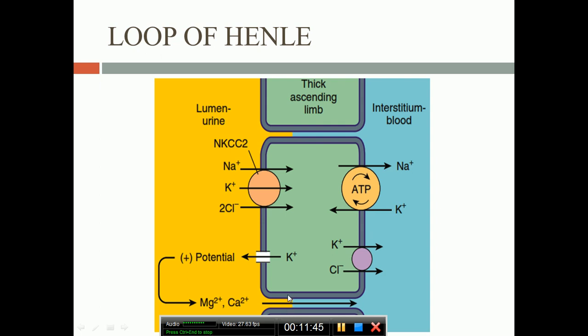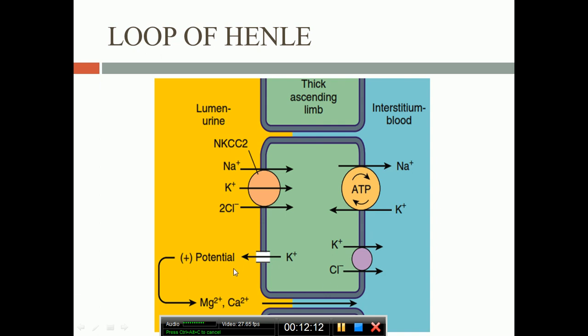This is cell number 1, cell number 2, and cell number 3. Here are the gaps, not very tight, not impermeable. These are permeable gaps. Although these are tight junctions, they can allow magnesium and calcium to pass through into the interstitium and back into the blood.